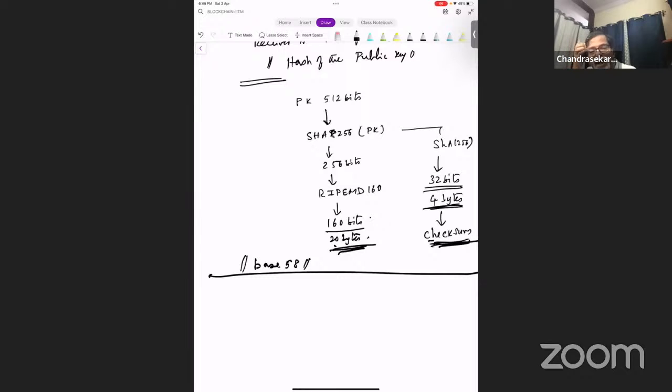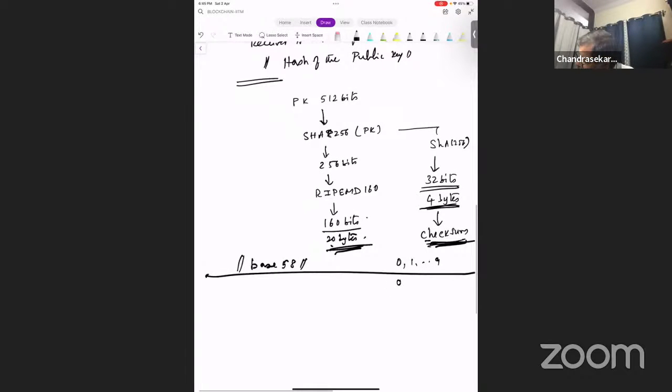Any number can be converted to any base: decimal to binary, binary to decimal, decimal to hexa. If you want to convert to a particular base, you need that many symbols. To represent anything in decimal, you need 10 symbols, so you use 0 to 9.